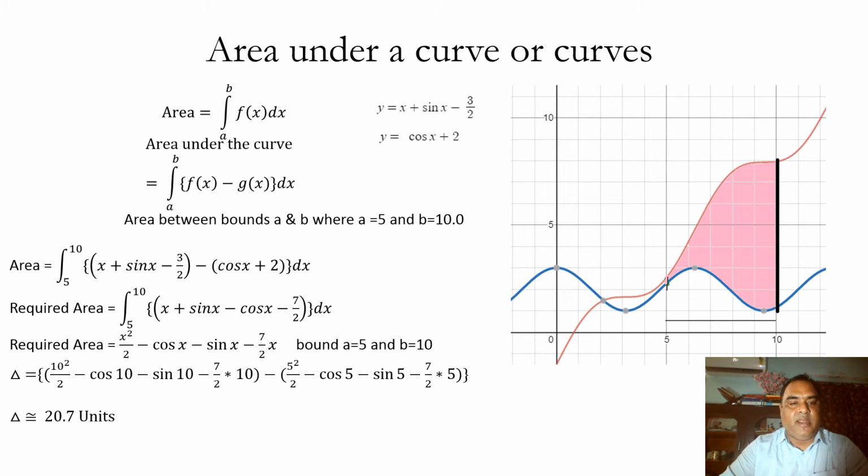And by doing so, we get this particular equation, which is x plus sin x minus cos x minus 7/2. And we need to integrate this equation with respect to x using definite integral with lower bound 5 and upper bound 10. By doing so, we get this particular equation, and now we apply the bounds a equal to 5 and b equal to 10 to get our answer as 20.7 units.